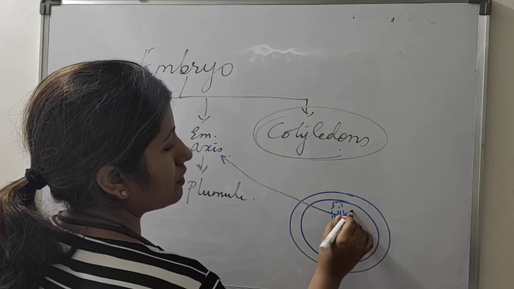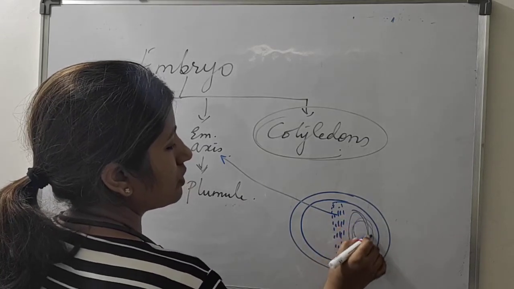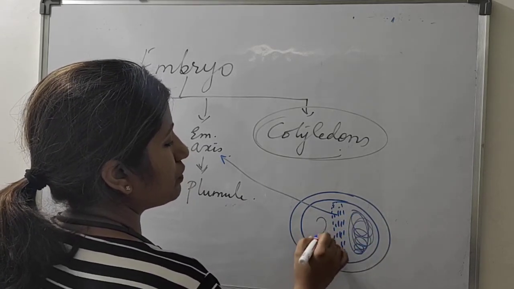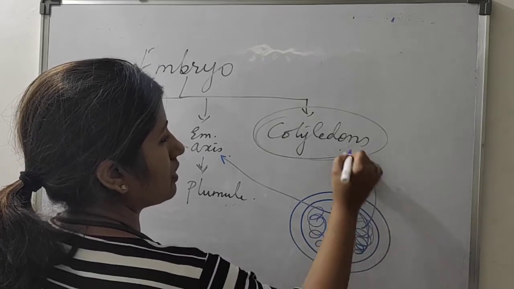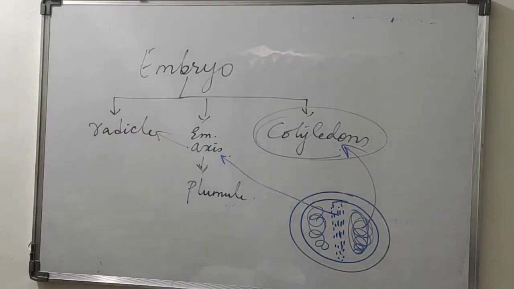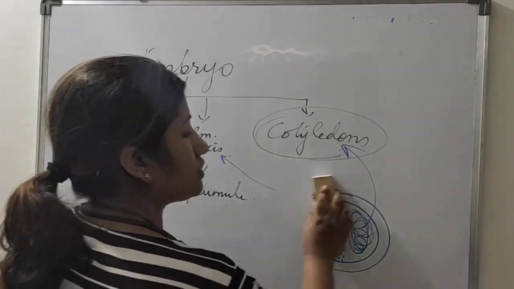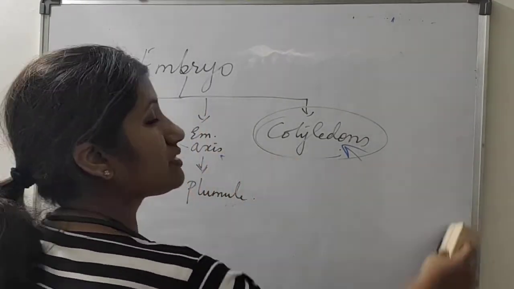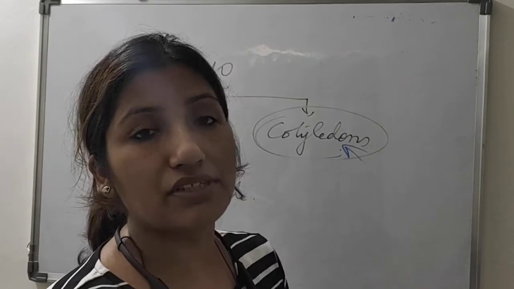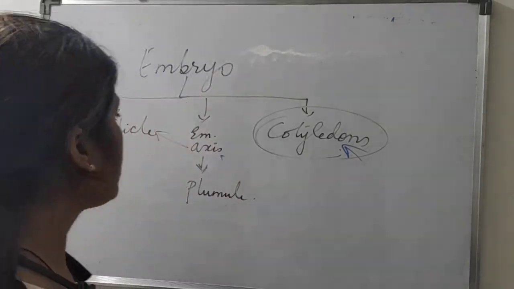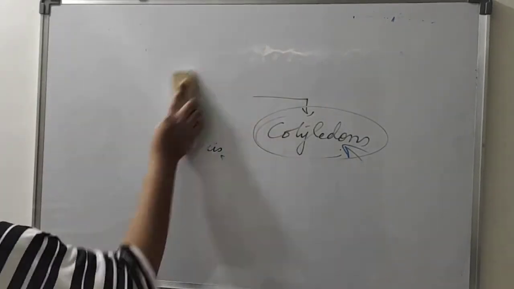And it will have another tissue which is storing the food. That part is known as cotyledon, which stores the food. Based on the number of cotyledons, some seeds have one cotyledon, some seeds have two cotyledons. So there are two types of seeds.